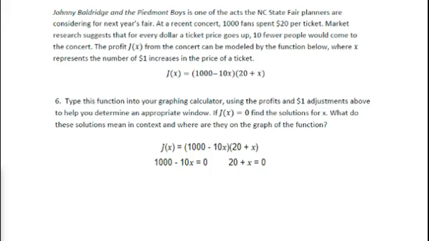We use the zero product property to set each linear factor equal to 0, and then we solve for x. What we see is that x equals 100 and x equals -20, and we saw those on our graphs as our x-intercepts. And just like we talked about in the previous video, the solutions to the quadratic function are the x-intercepts.